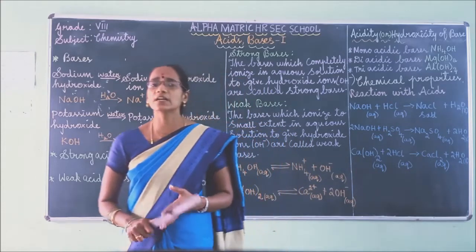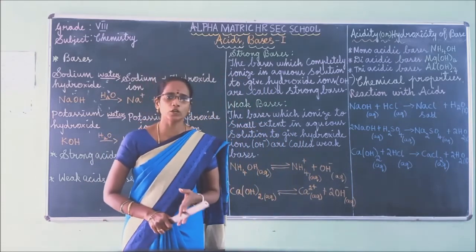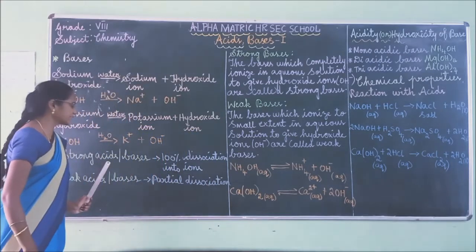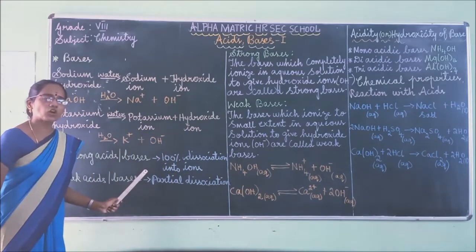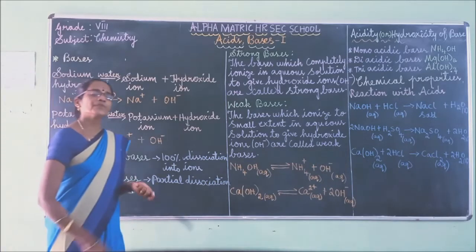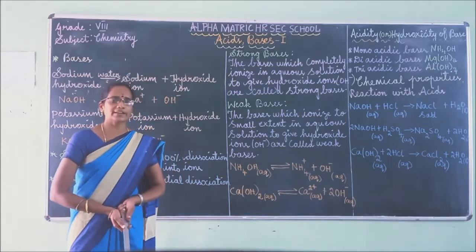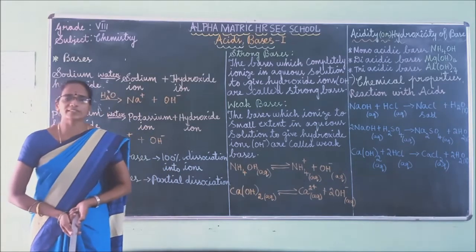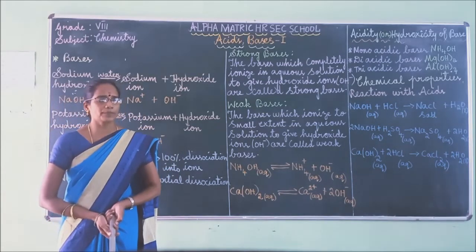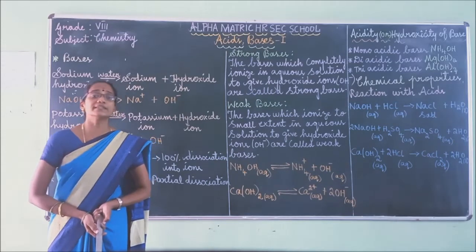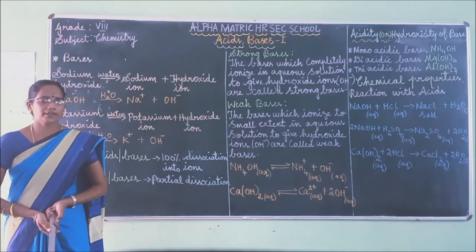These acids are 100% dissociated into ions. Strong bases examples are sodium hydroxide, potassium hydroxide, calcium hydroxide, ammonium hydroxide. These strong bases are also 100% dissociated into ions.